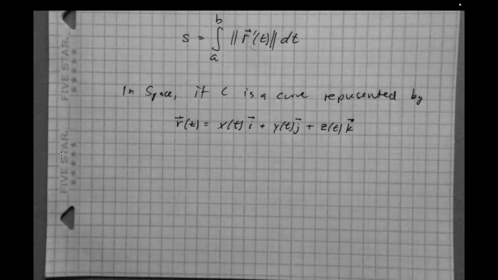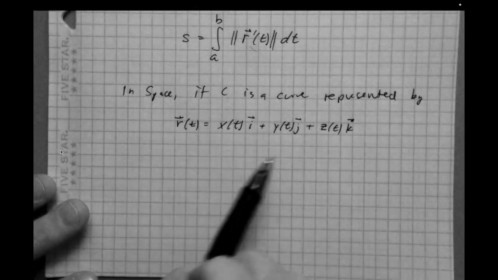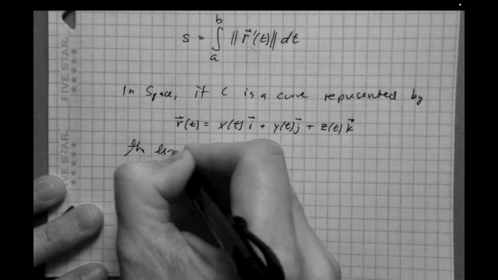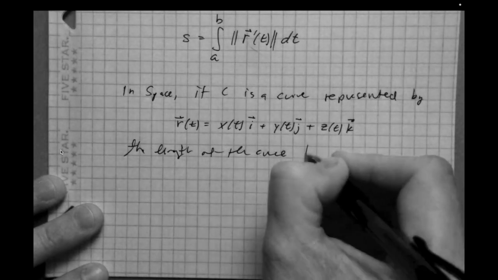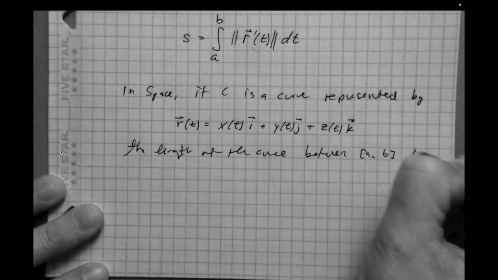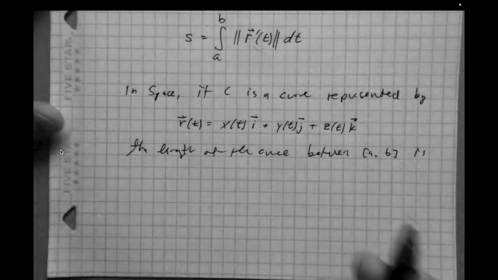In this case, we can identify the length of the curve between a and b as basically the same thing, but with the k component thrown in as well.